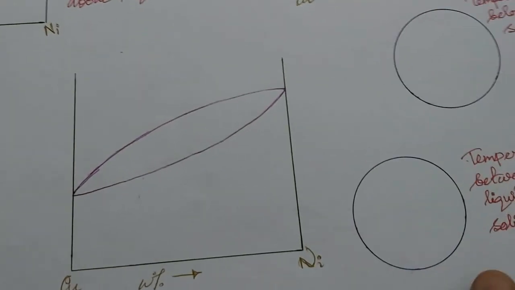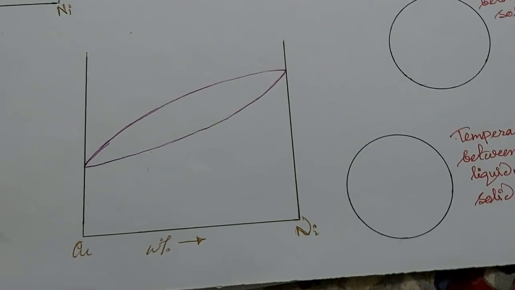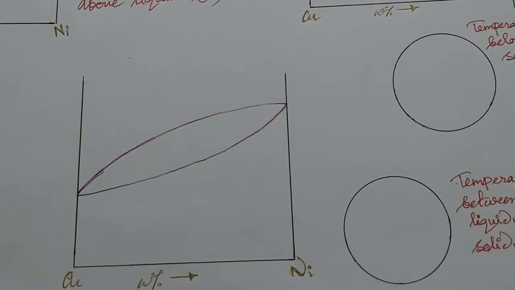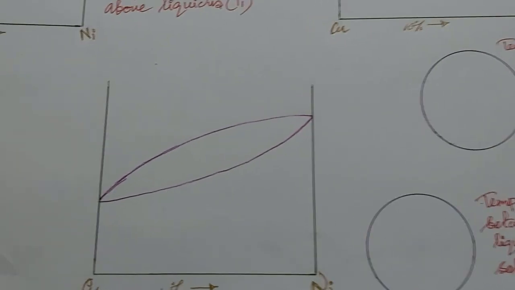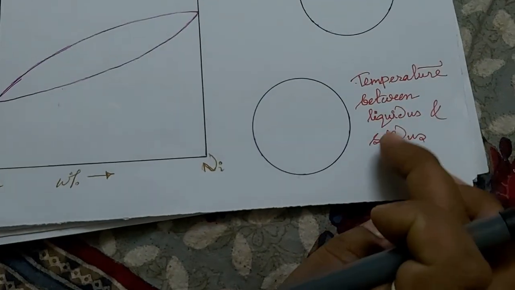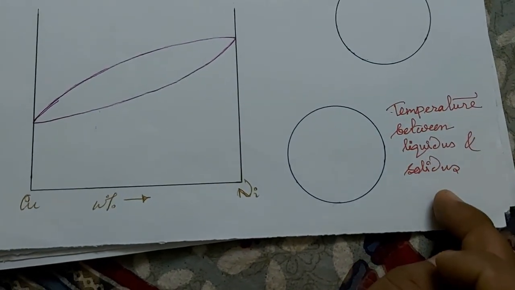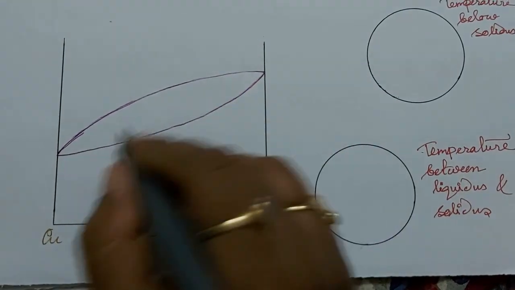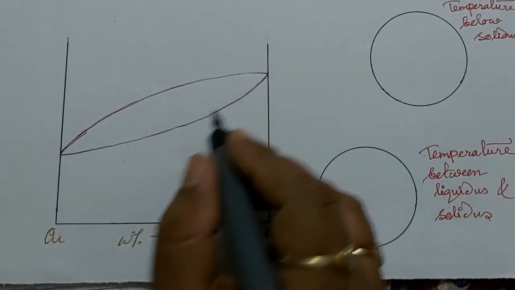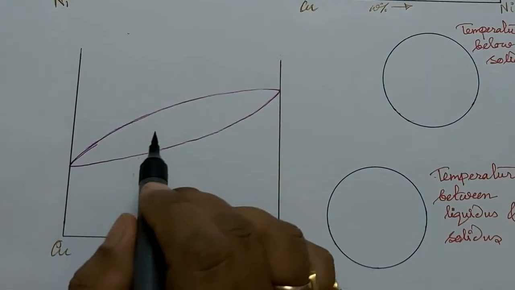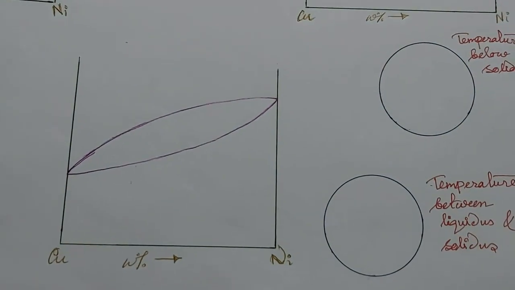Now we will take a temperature between the liquidus and solidus line. This is our liquidus line and this is our solidus line, and we will take one temperature in between the solidus line and liquidus line.